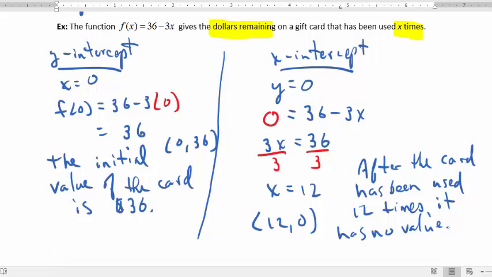So that's the ending point. So yes, in this case, the y-intercept was the starting point, and the x-intercept was kind of the ending point, where it was used up. It was all out of value.